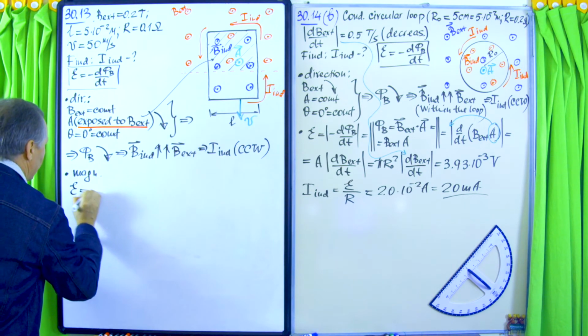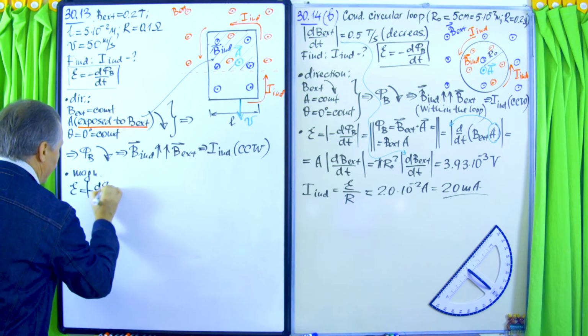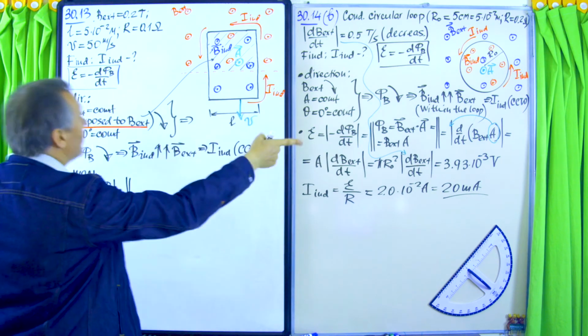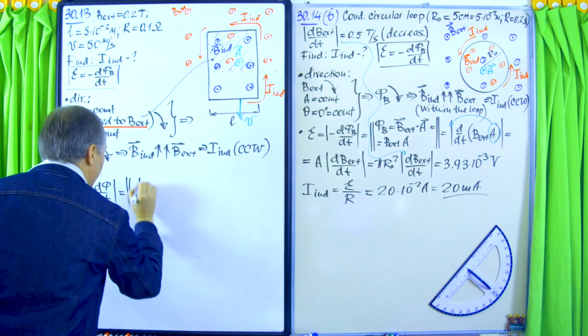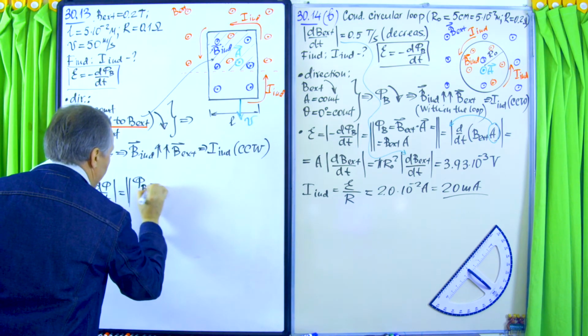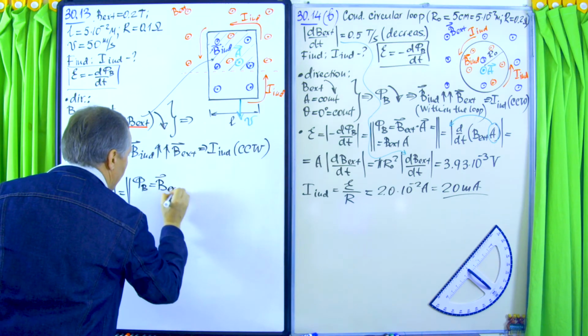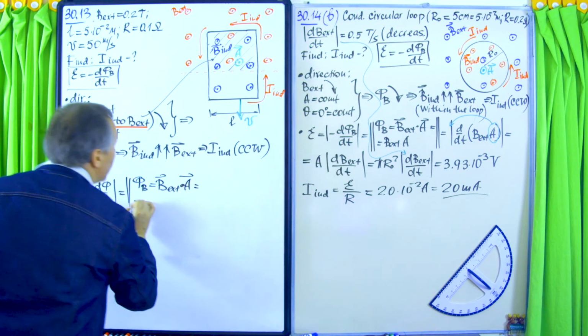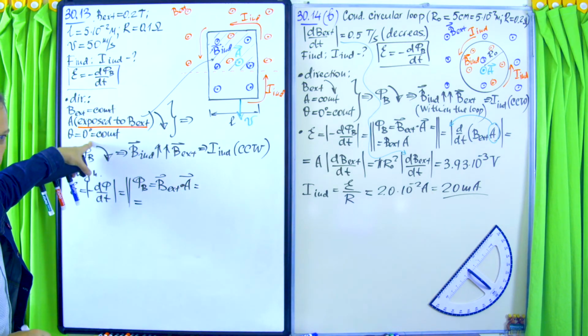So EMF equals the absolute value of dΦ over dt. And of course, the first step, like in the example which I erased: magnetic flux equals B external dotted with A, right? And of course, the angle is 0 degrees. You see, the steps are very similar.